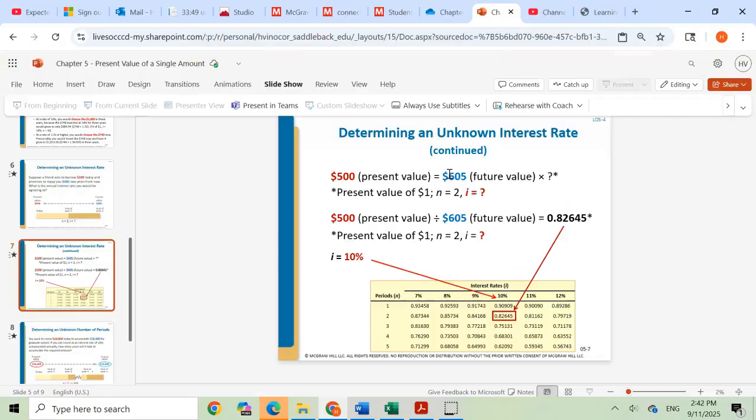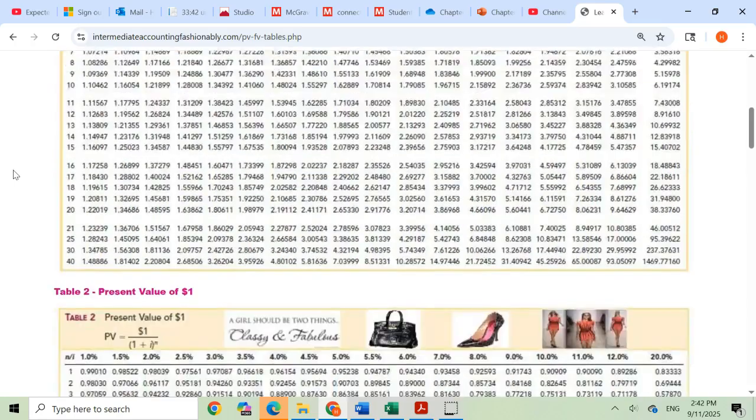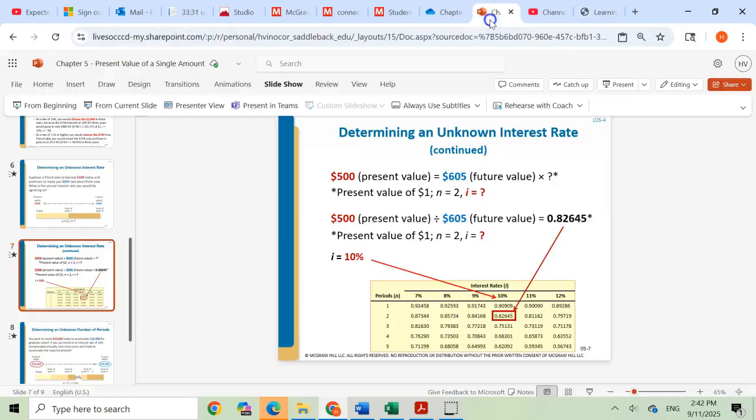We calculated that factor using the present value of $1 formula, and we set n equals 2.